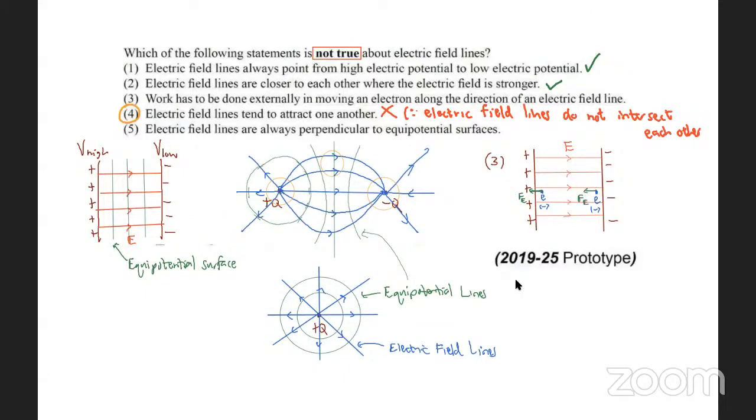You are trying to move the electron from here to here along the direction of the electric field. The force is acting in the direction opposite to the direction of movement.